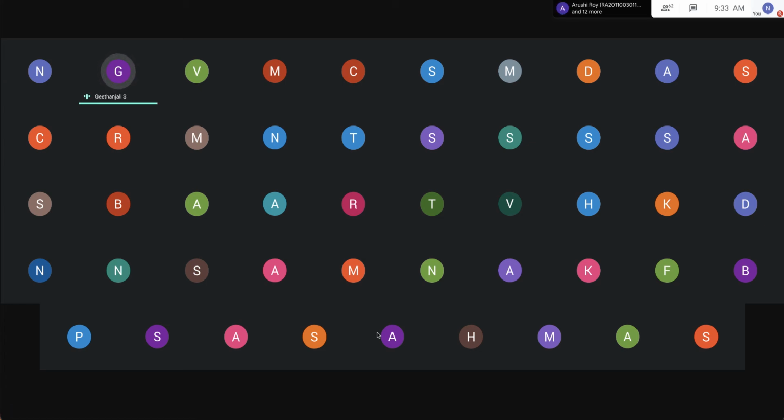Next one is MOSFET. MOSFET is the common term of insulated gate field effect transistor, IGFET.